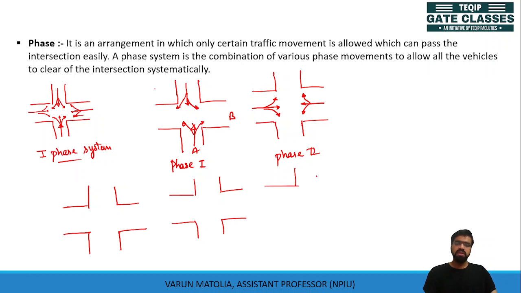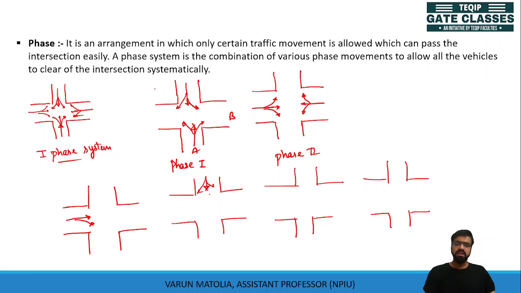This is generally seen on the roads. We can allow the straight traffic and the right turning traffic at the same time from one lane, then straight traffic and then right turning traffic.